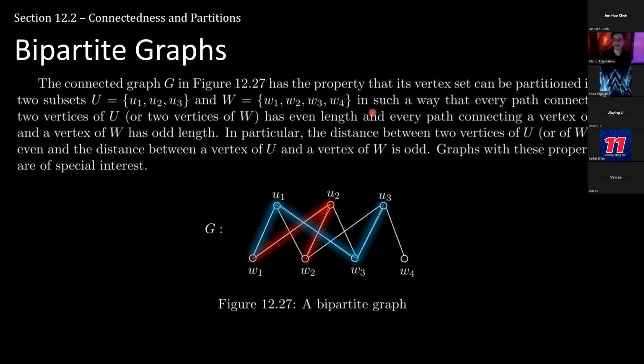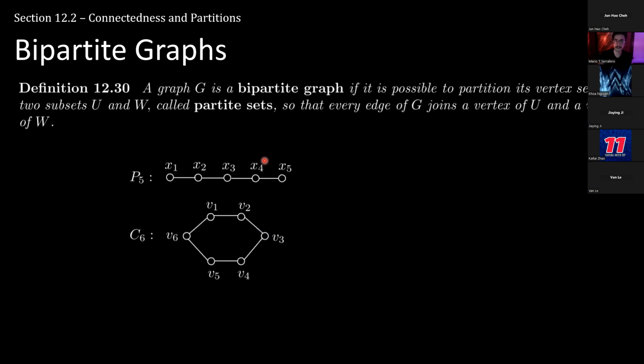And look, every path that connects two vertices of U has an even distance. But if we connect U and W, like in the blue path, then that's an odd distance. So this is one of the places in which distance comes in handy. But the notion of a bipartite graph for modeling is actually pretty useful too.